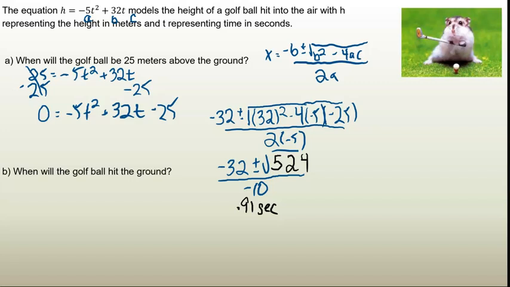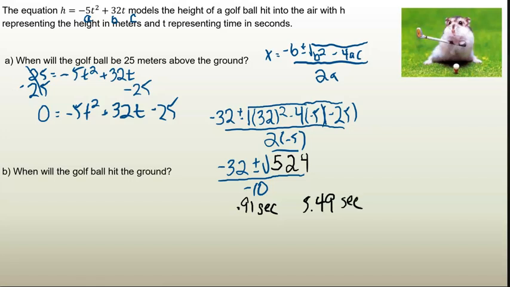Now that I know the object reached 25 meters, I plug it into the calculator, and I got .91 seconds for the positive part, or the positive side of the quadratic formula, and then I got 5.49 seconds for the negative.